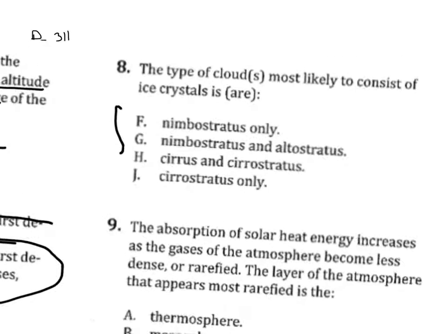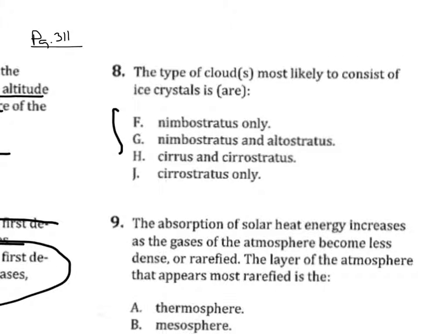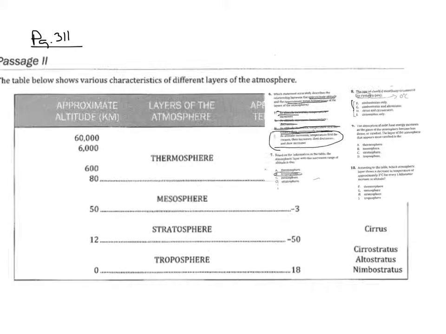All right, let's take a look at 8. 8 says the type of clouds most likely to consist of ice crystals are. So the key word here is these ice crystals. So you'll have to know this from science or just know in general, but what temperature does ice form at? Well, it forms at 0 degrees Celsius. So whichever cloud we choose has to be at 0 degrees Celsius or below that.